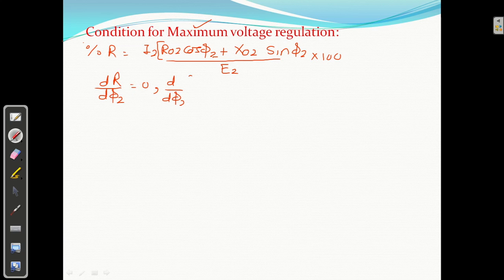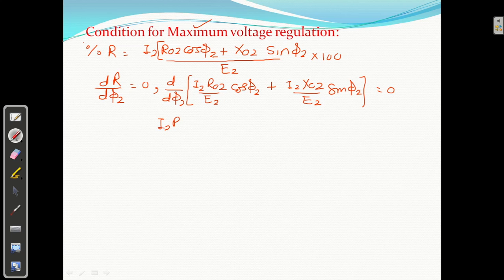So I am going to differentiate this: I2 R02 upon E2 cos phi 2 plus I2 X02 upon E2 sin phi 2. Forget the percentage regulation. So when we differentiate, it equals 0.